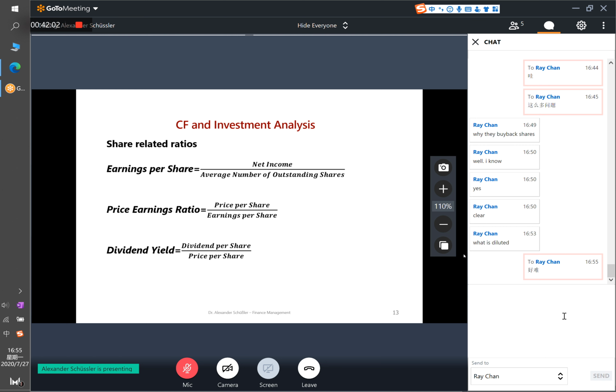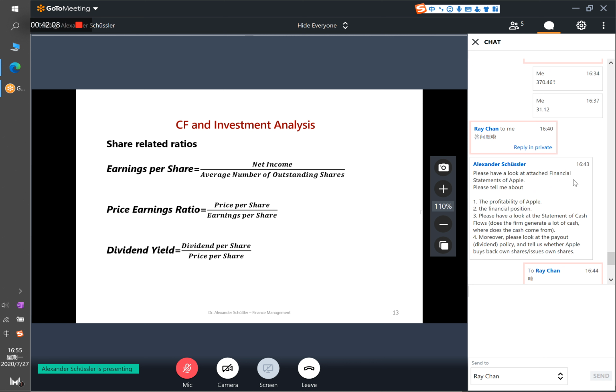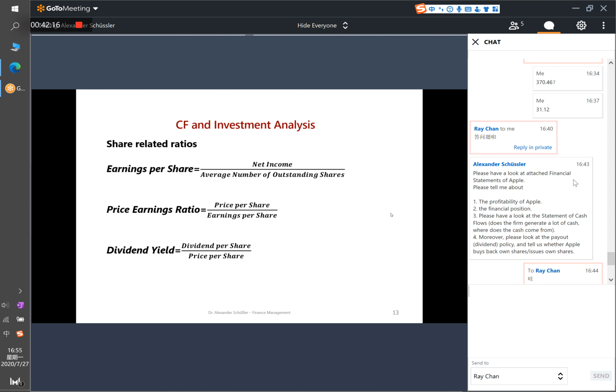I would say we make a short break, but during the break, you can already think about the next exercise, the financial position of Apple. What about the liabilities? Do they have a lot of liabilities, or do they use predominantly equity?